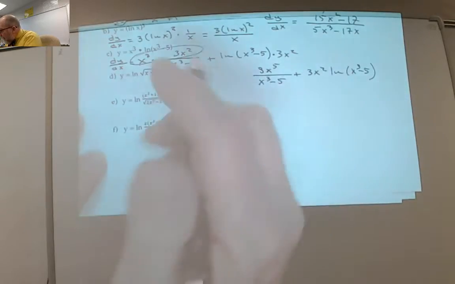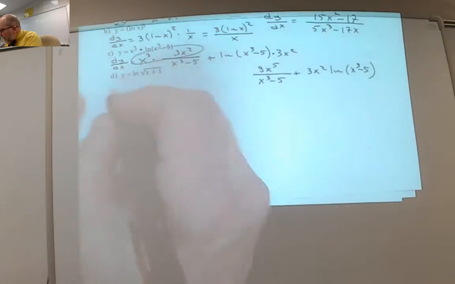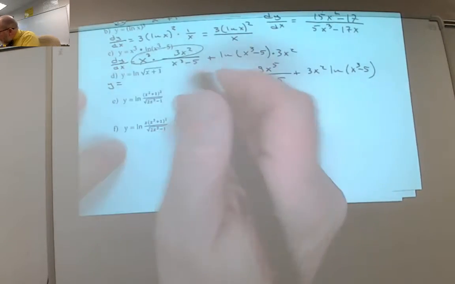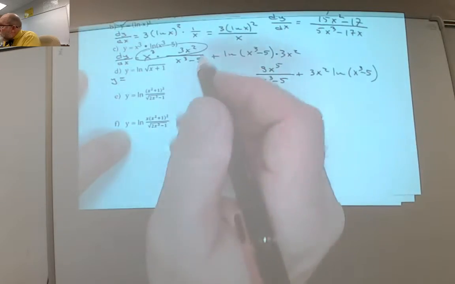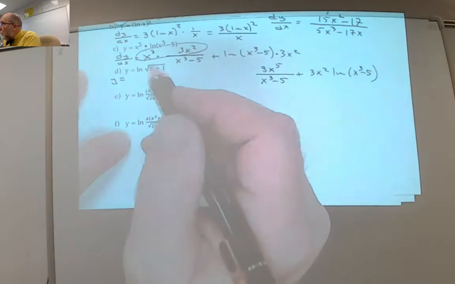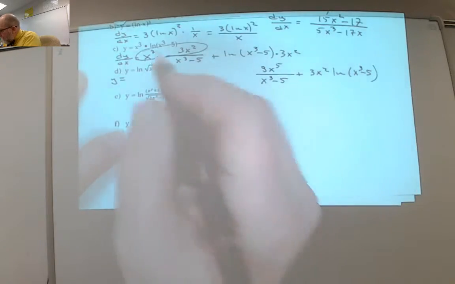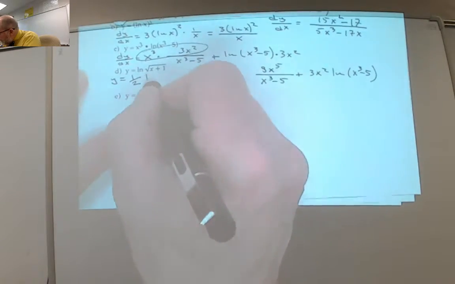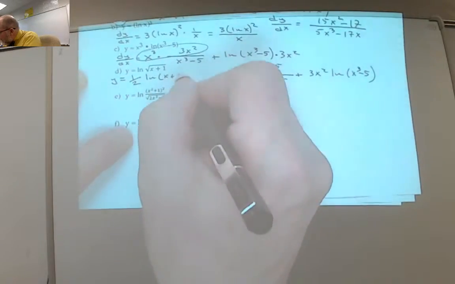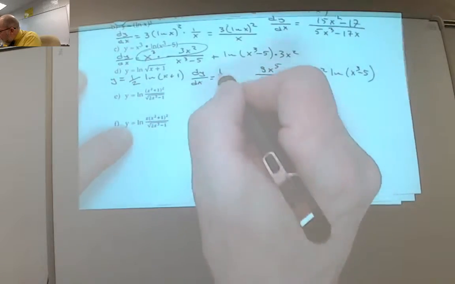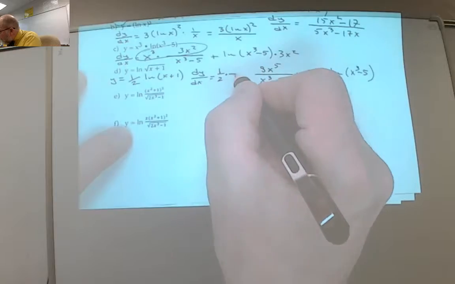All right, Emily, I don't like square roots. Can you rewrite it so I don't get the square root? Y equals what? X plus 1 to the 1/2, right? What can I do with the 1/2? Put it in front. So that means dy dx is going to be 1/2 times what?